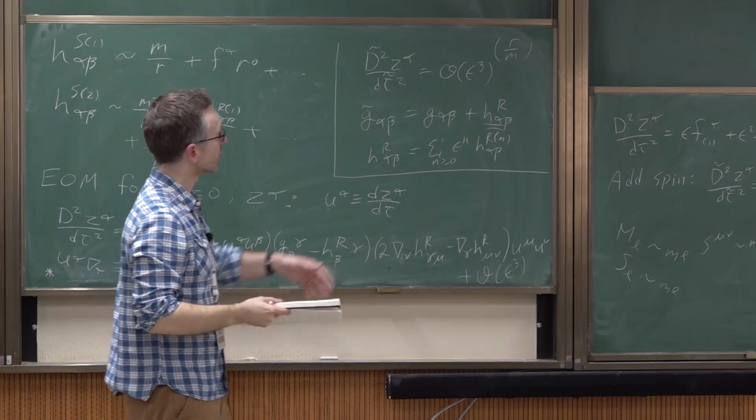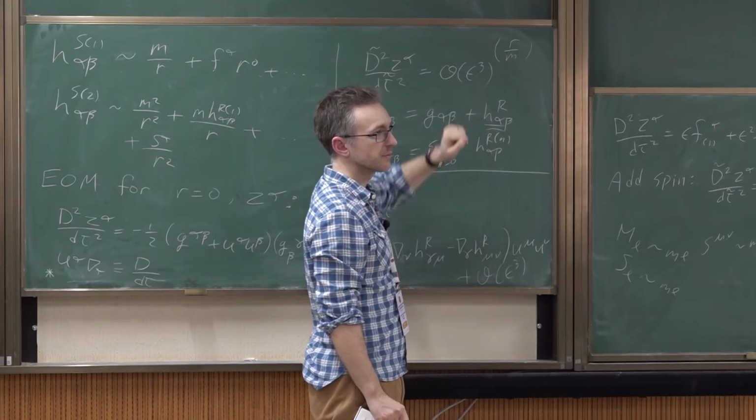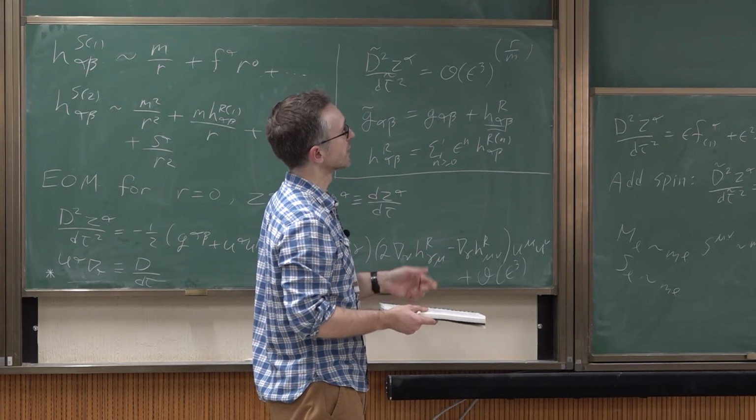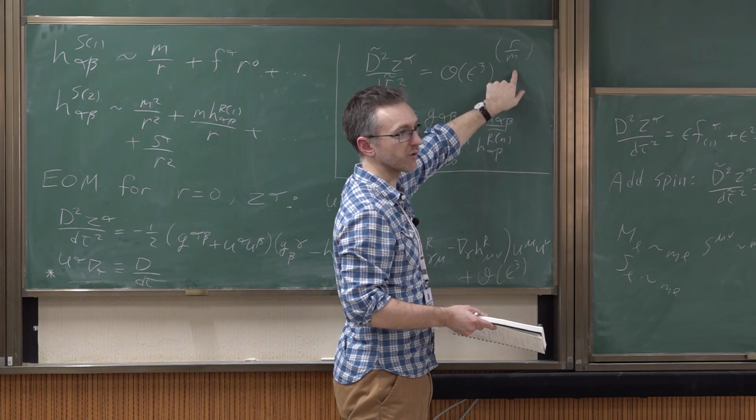So in the body zone, we were treating this as of order 1. In the far zone, we're treating this actually as huge. This has got a 1 over M in it.